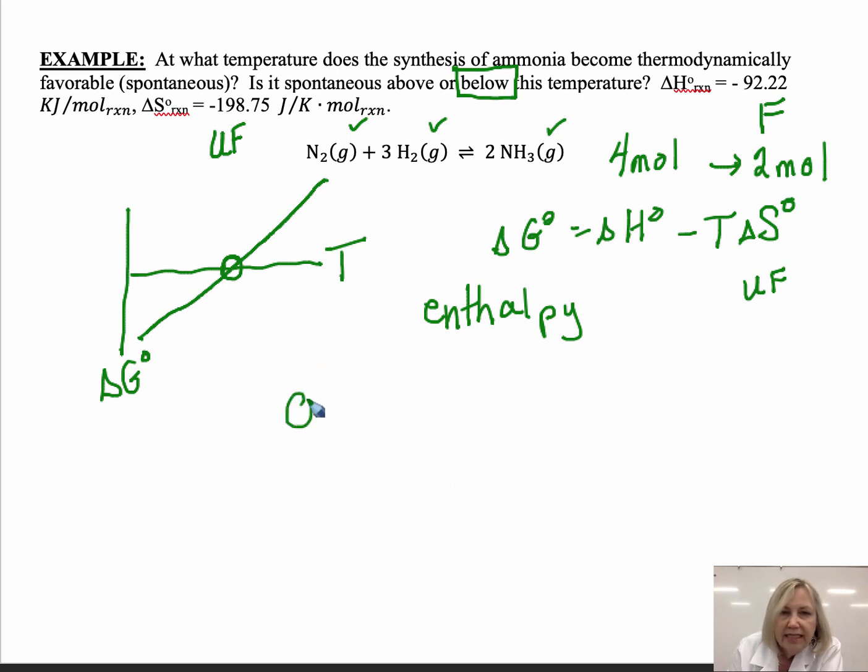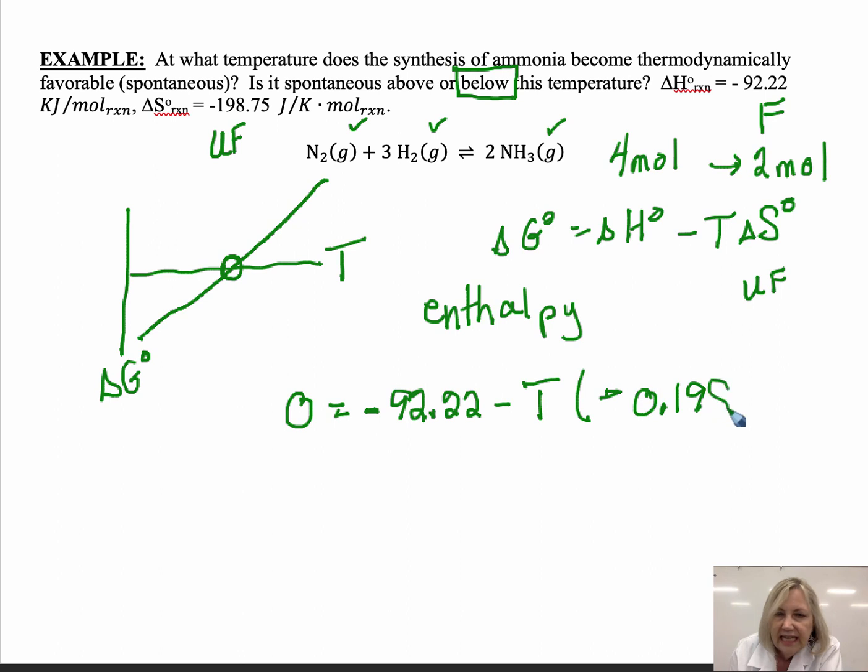Okay, so now we're going to say 0 is equal. I'm going to put a 0 in for my delta G. Check those units. Make sure you have both kilojoules or both joules. It doesn't matter which one. I don't know my temperature, and I've got a minus 0.19875. If you solve this for your temperature, you should get 464.0 Kelvin.